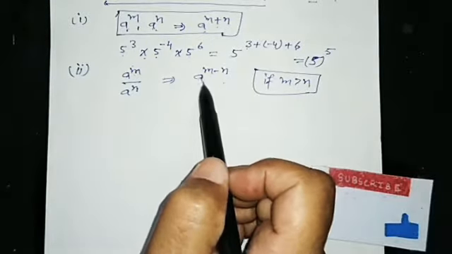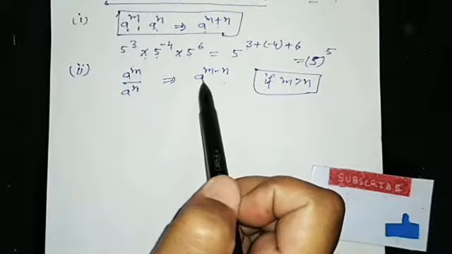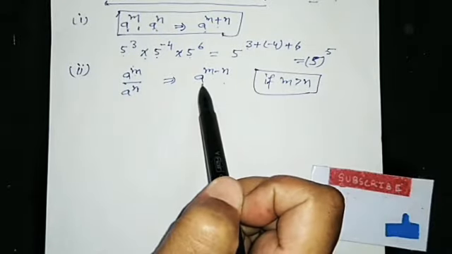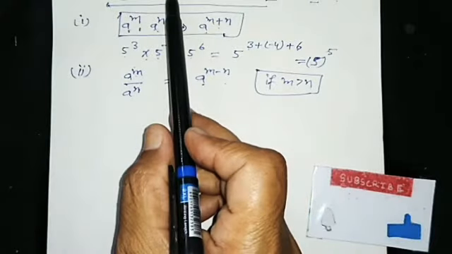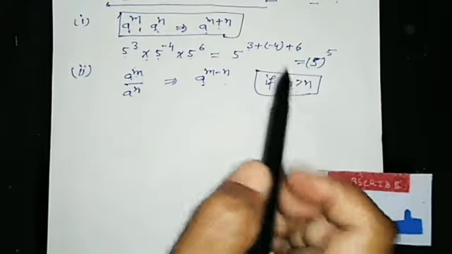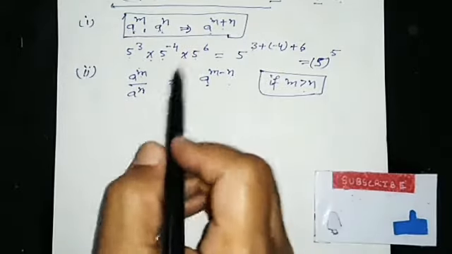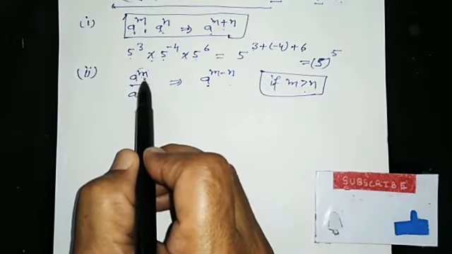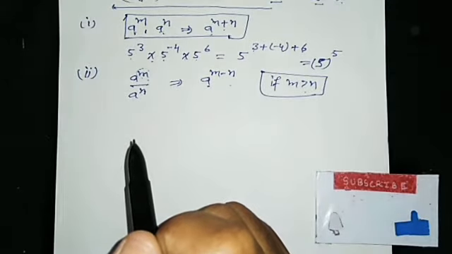The scope of this book says that this a that we are taking is a real number, in most questions a positive real number, and the power must be positive. That means the operations end when the power is positive.